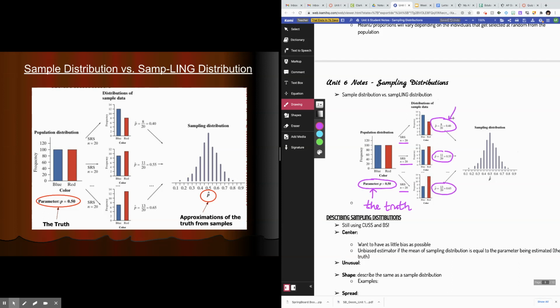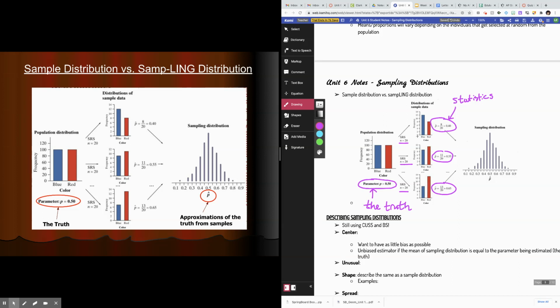Each of those are statistics, because they describe some aspect of the sample, which in this case is a proportion. It's a sample proportion. It's p hat, has that little hat on it.